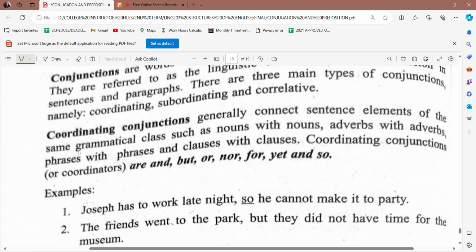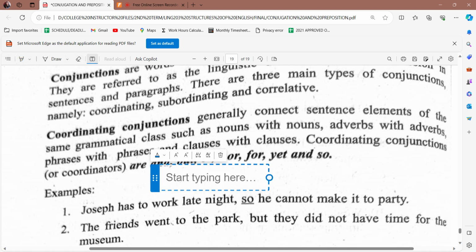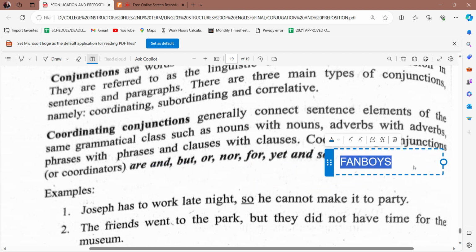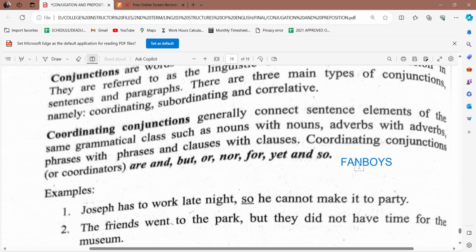Coordinating conjunctions are the following. What you just have to remember when you say coordinating conjunction is FANBOYS. For coordinating conjunctions, it's FANBOYS, nothing else. FANBOYS stands for: for, and, nor, but, or, yet, so.